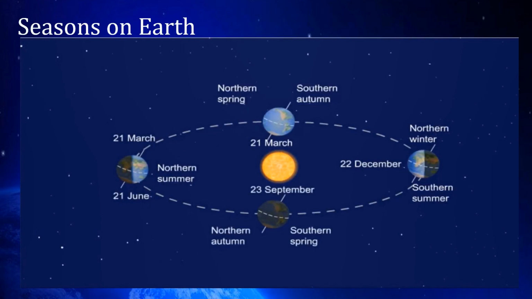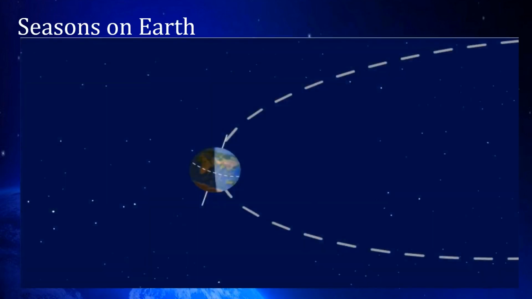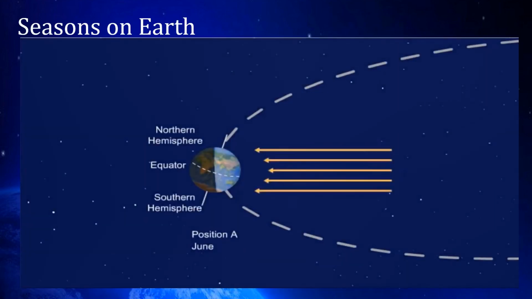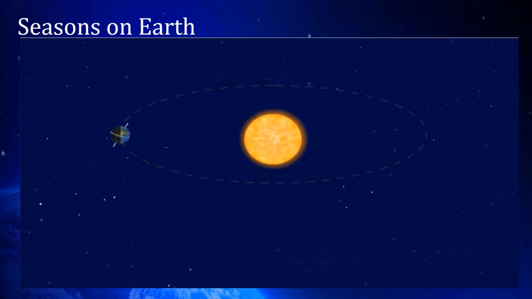On 21st March, the spring occurs. In June, when the north pole tilts toward the sun, the northern hemisphere experiences summer, and the south pole tilts away from the sun, therefore it experiences winter. This was what is being shown here.